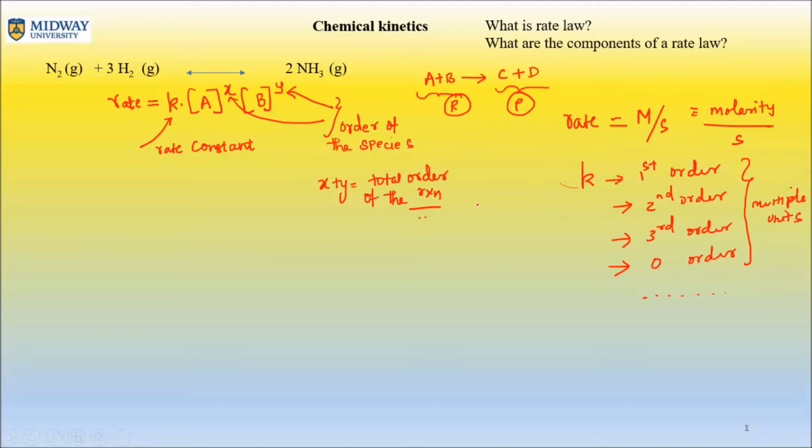Understand this. This is all I really want to say on this. So what if we say it this way? Rate equals, now keep in mind, these numbers are not these, okay? Let me rewrite it as N2 and H2.